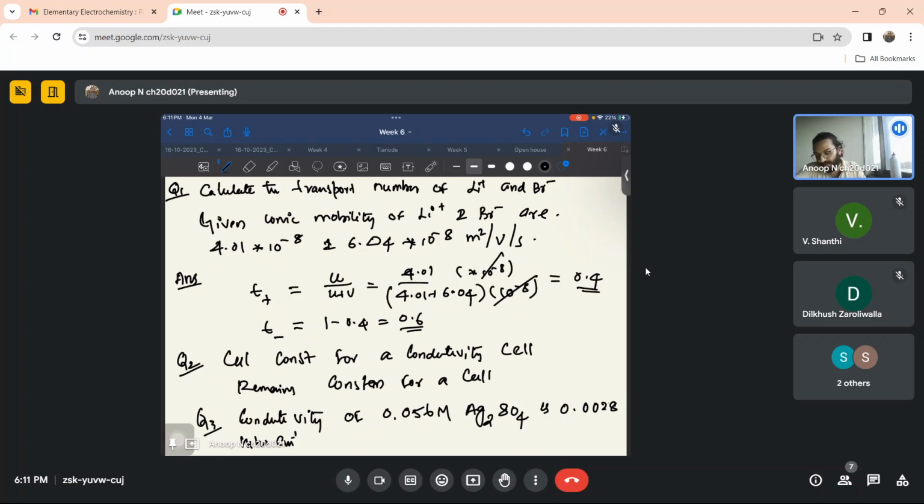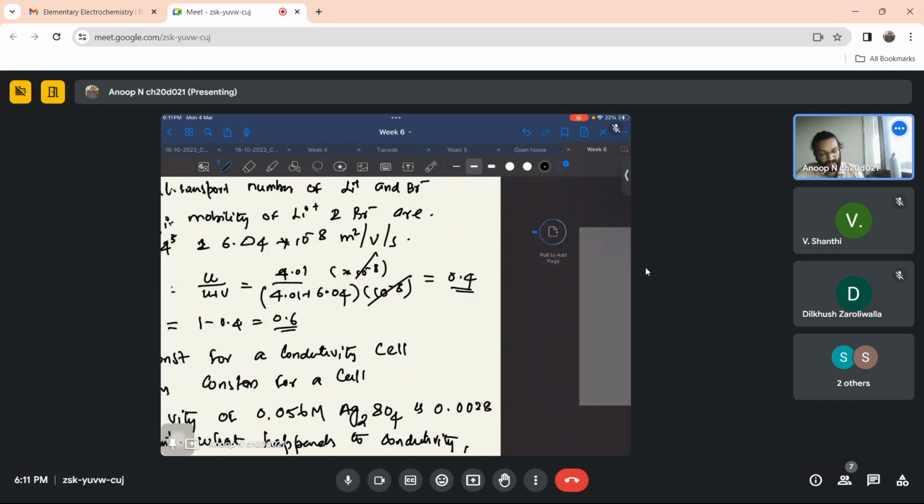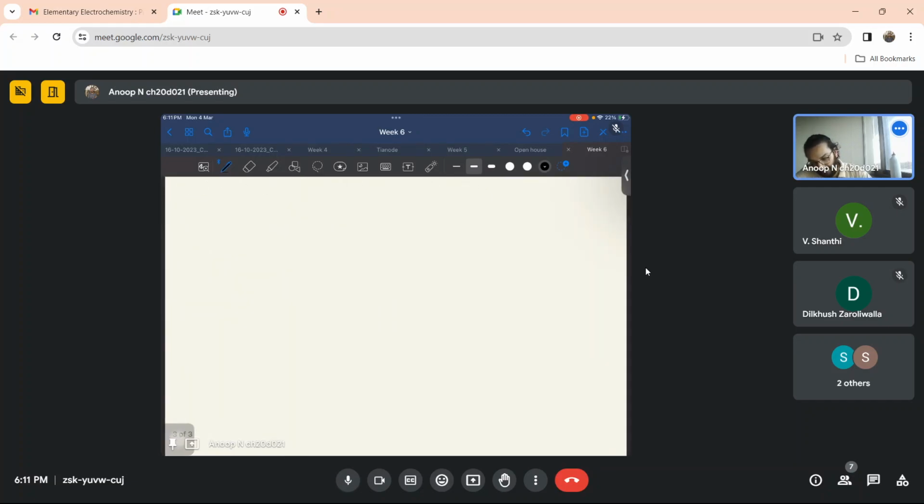Then what happens to conductivity with dilution?